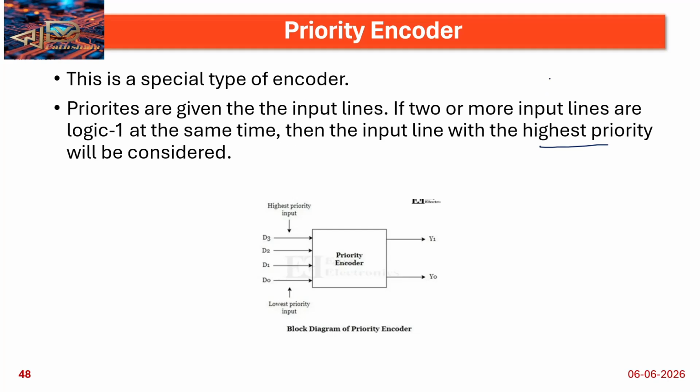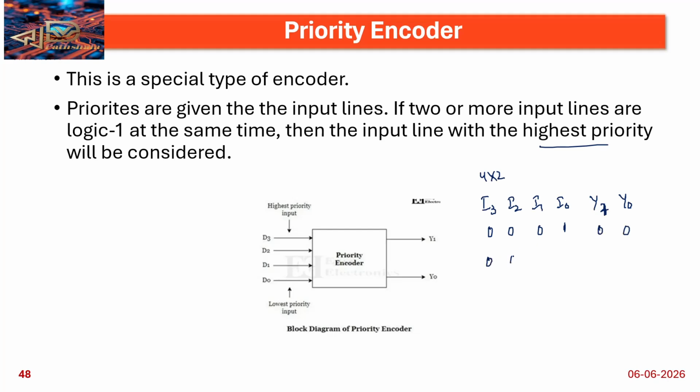See, in the same encoder operation, suppose a 4 by 2 encoder, we are considering 4 inputs and 2 outputs, like I3, I2, I1, I0, and then Y1 and Y0. If I0 is 1 and the remaining are all zeros, then the output should be 0, 0.